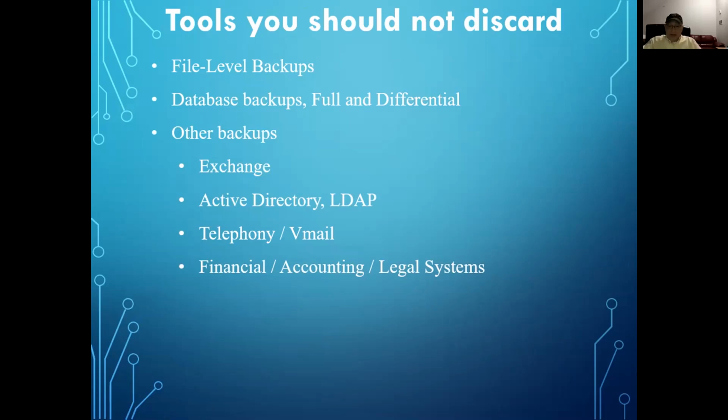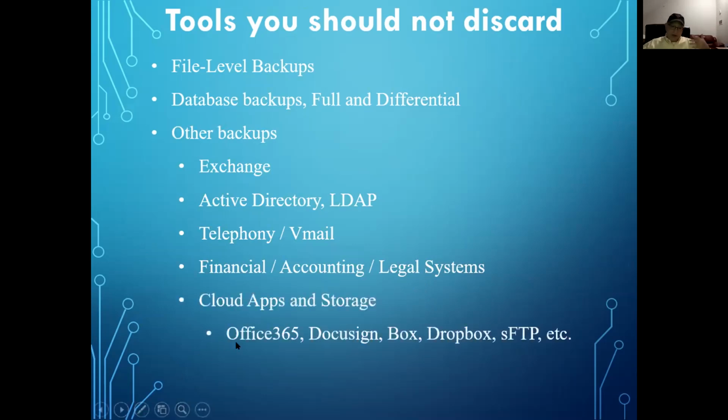All those briefs, you better have those backups as well. The replication really covers that, but you don't want to have to go through a replication firing up to get a document for an attorney that deleted a document. Don't forget your cloud apps and your storage, your Office 365, DocuSign, Box, Dropbox, SFTP folders.